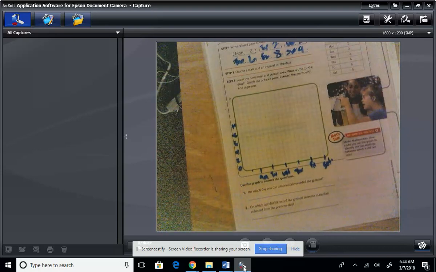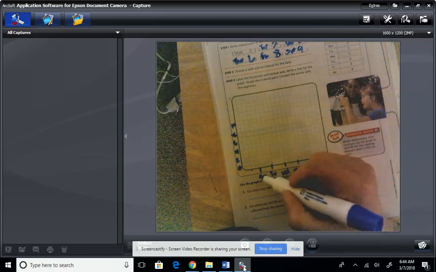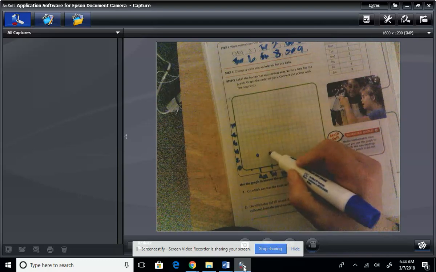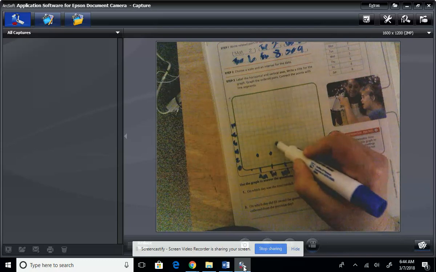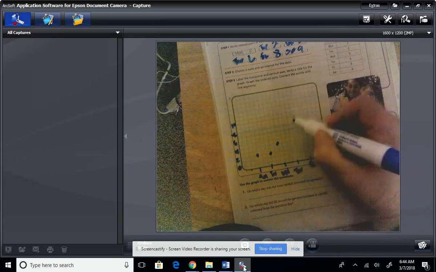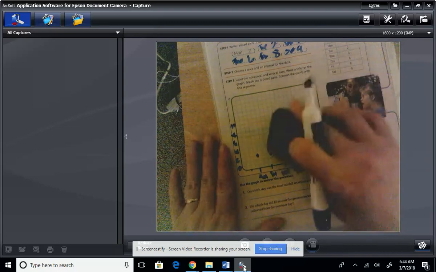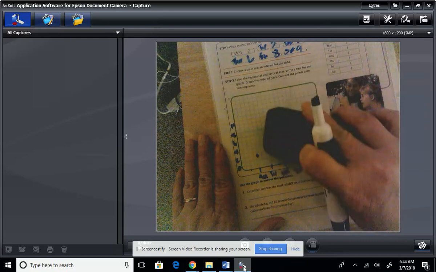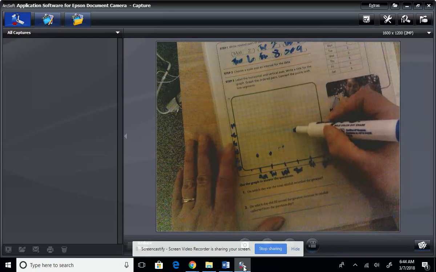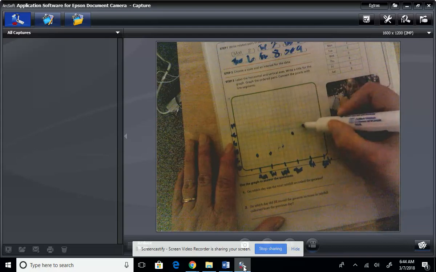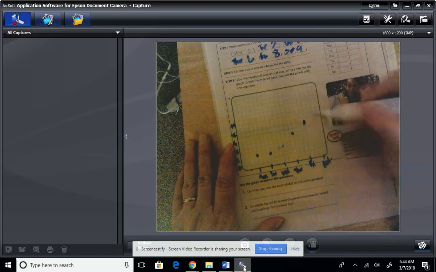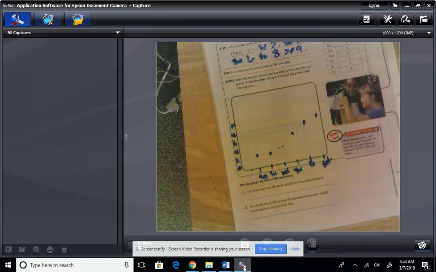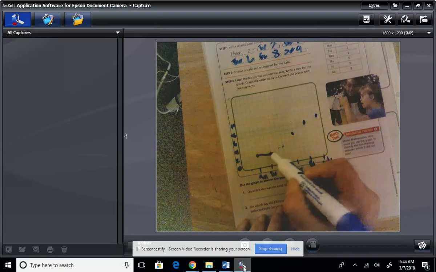All right, now we had 2 here, 2 here, 3, 6, 3. Okay. Now connect your lines.